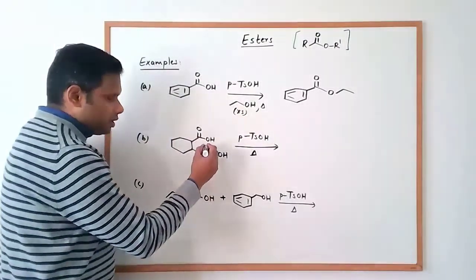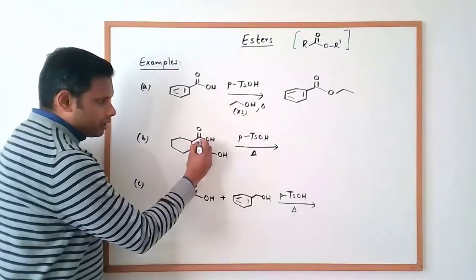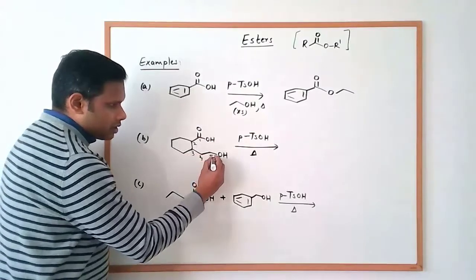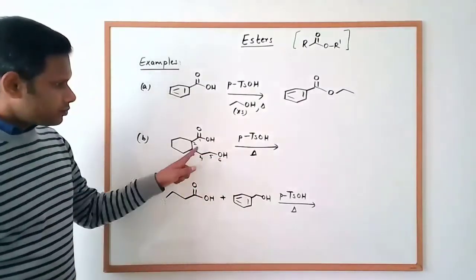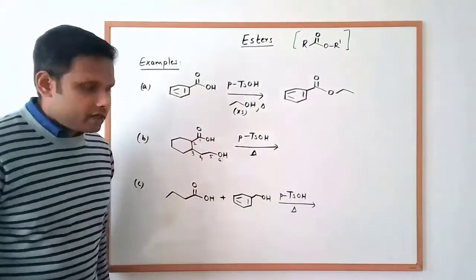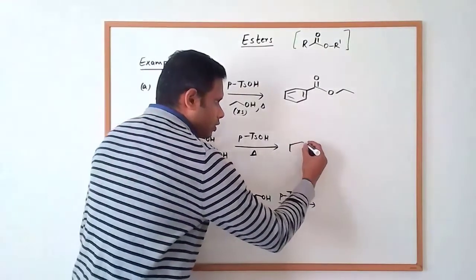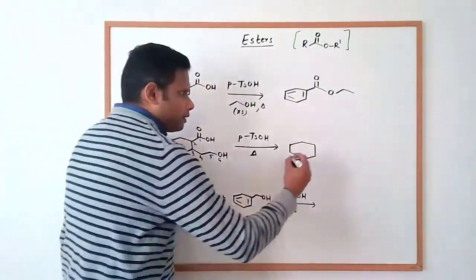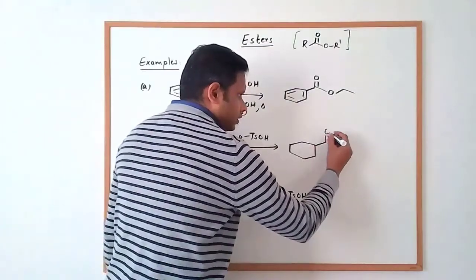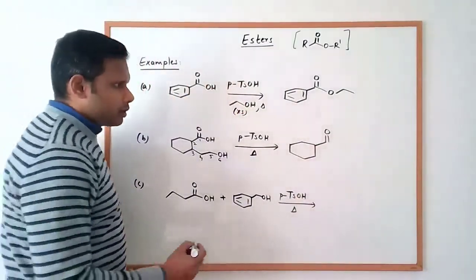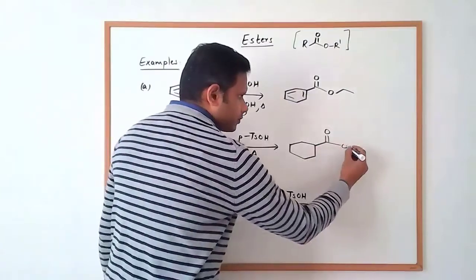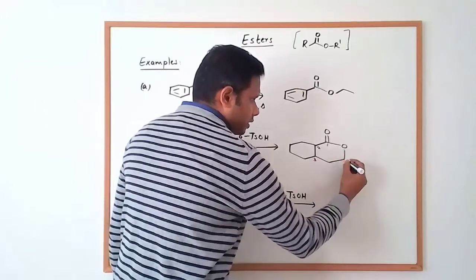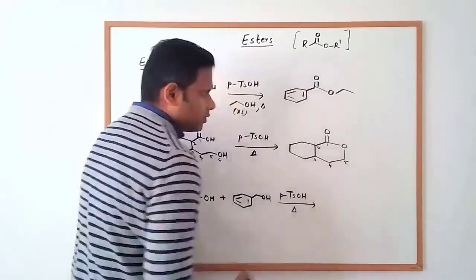So if we look at it overall from the acyl carbon to the ester oxygen, we are looking at 6 atoms. So our product would be a 6-membered ring, cyclohexane, that's connected to another 6-membered ring. So starting from here, we have 1, 2, 3, 4, 5, and 6. So that will be our product.